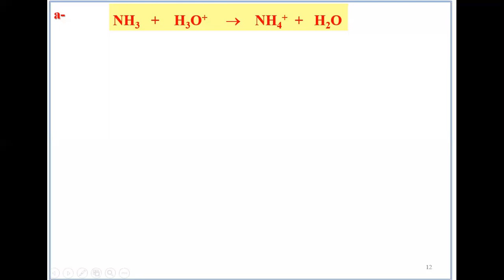Okay, so first of all, our equation is the base ammonia reacting with the acid HCl, or simply H3O+. The ammonia will pick up the proton from the acid and become ammonium, NH4+, and water.